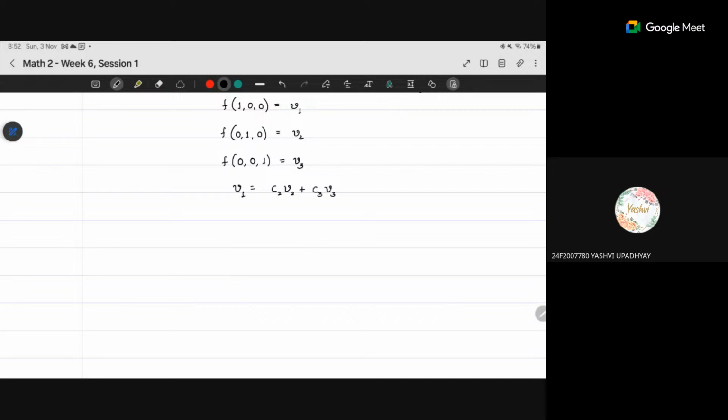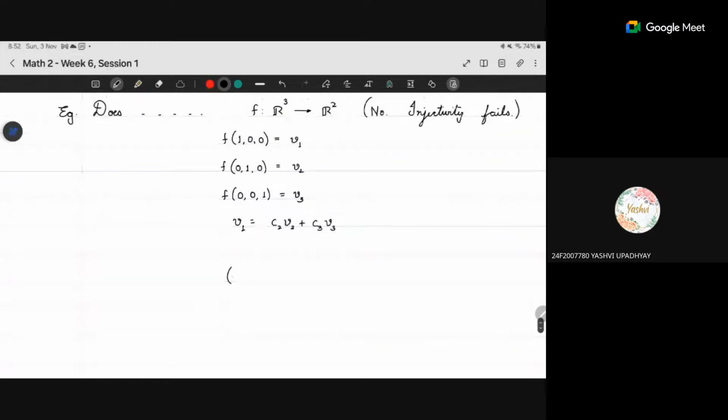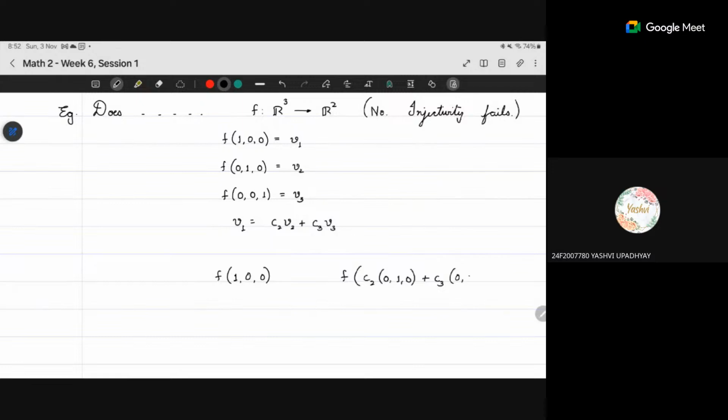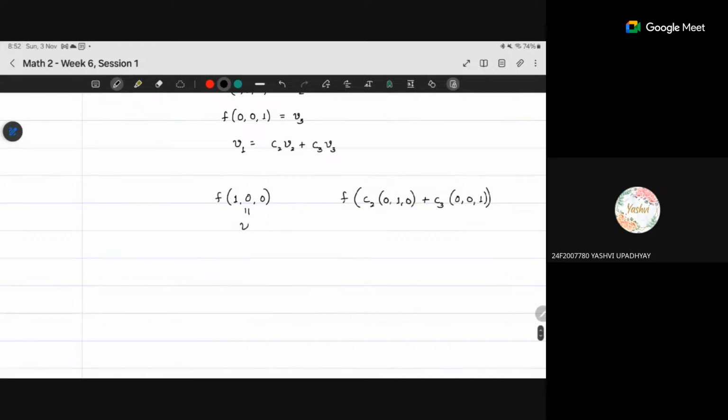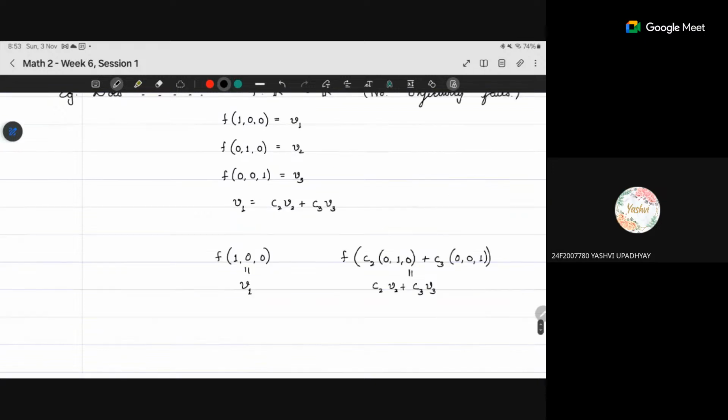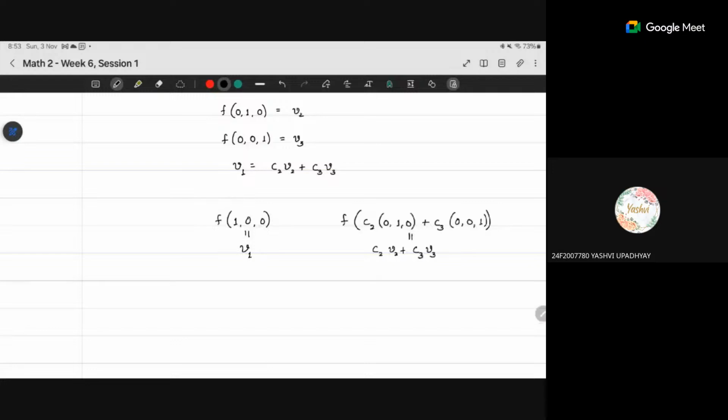So what happens in this case is f of (1,0,0) and f of C2(0,1,0) plus C3(0,0,1). Using the properties of the linear transformation, you'll know that this is V1 and this is C2 times V2 plus C3 times V3. Correct? So you have f of something equal to f of something else, which contradicts injectivity.